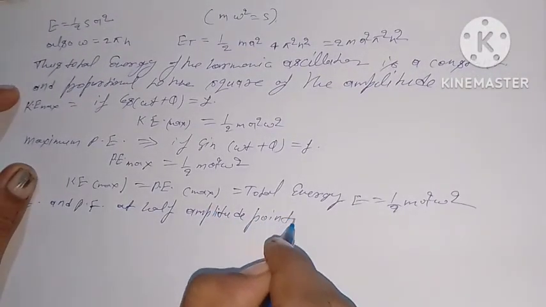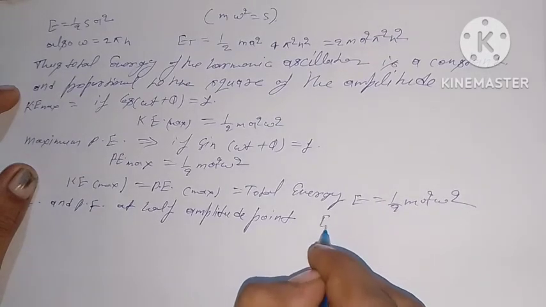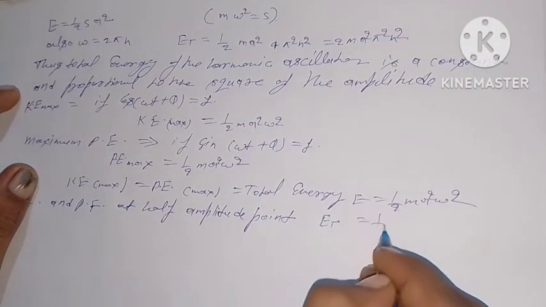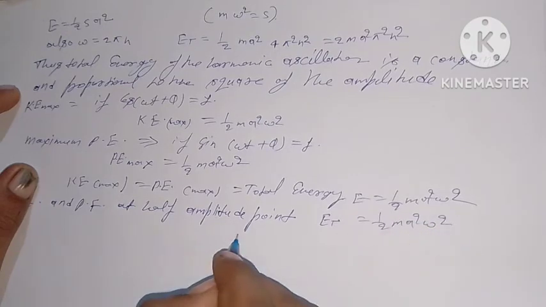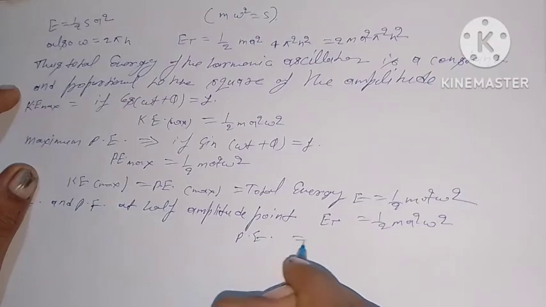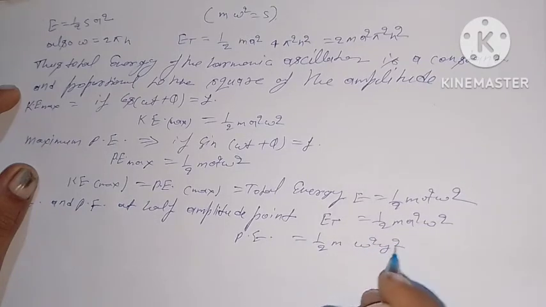Total energy E equals 1 upon 2 m a square omega square, and potential energy equals 1 upon 2 m omega square y square.